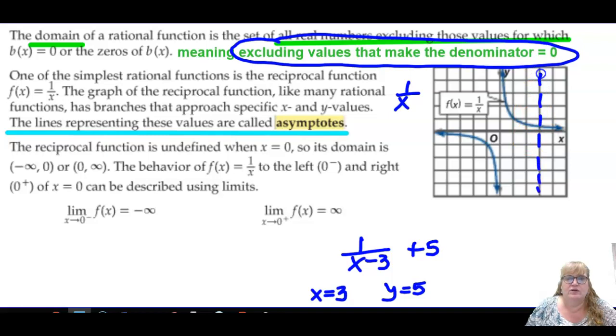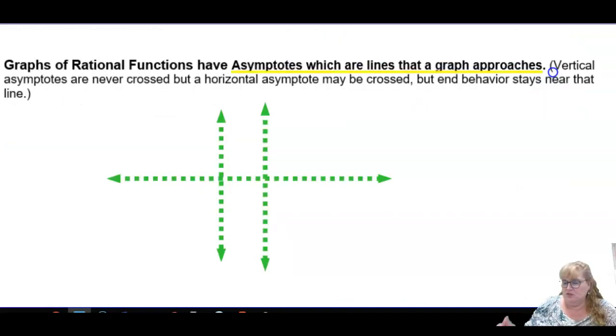So the graph would be over here, and up 5, pretend I'm counting by 2s, okay? So that's 5, and it would be here and here. All right, so I'm going to talk about that one, because most of the ones we're going to do will be more complicated than that.